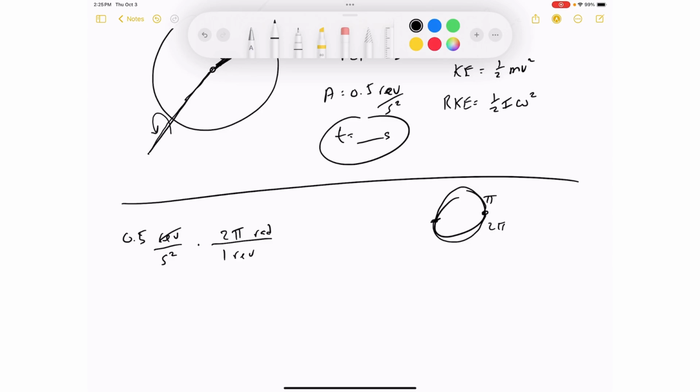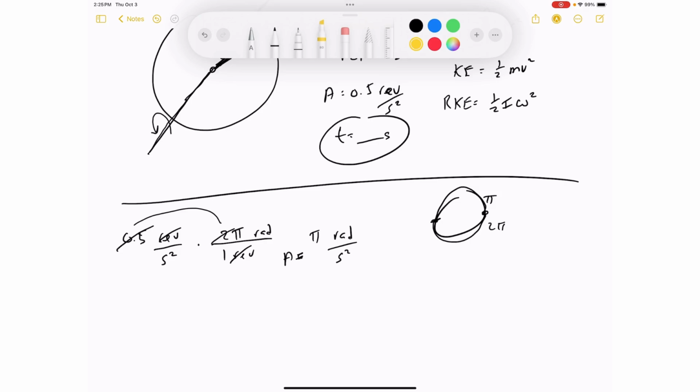So I can get rid of that. Now you have 0.5 times 2. That cancels out, right? So then you're just left with pi radians per second squared. And that's the acceleration. Okay?